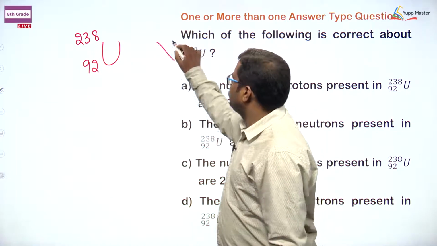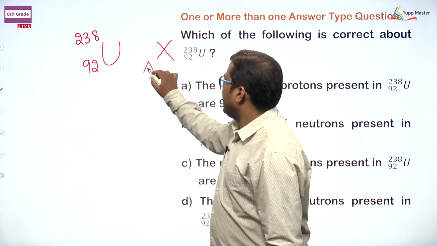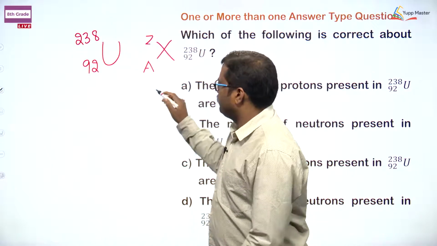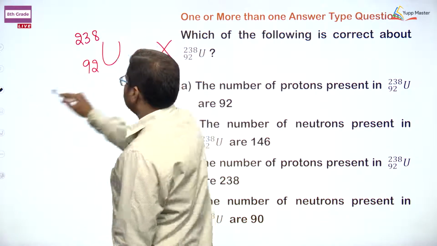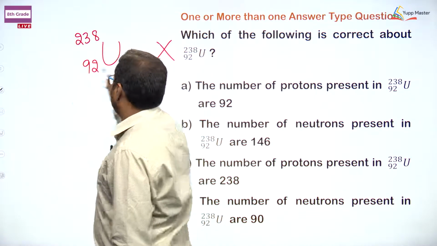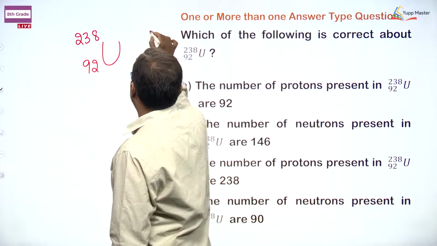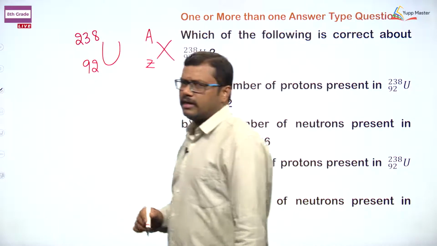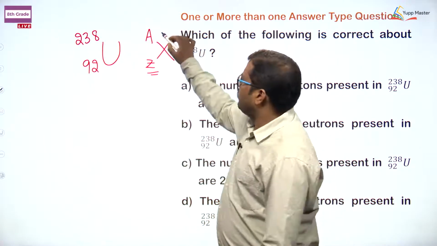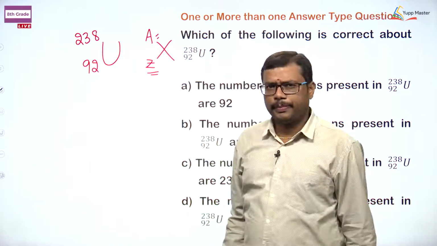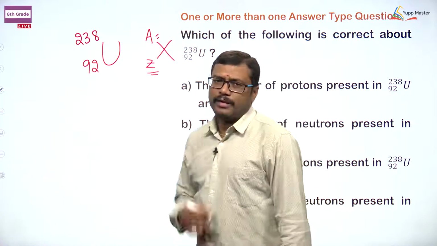Just now we have observed that whenever we have an element with this kind of symbol, what we have to identify? The atomic number and atomic mass are generally written in this fashion. So, the lower one is atomic number, upper one is the mass number. Okay. So, what is atomic number?